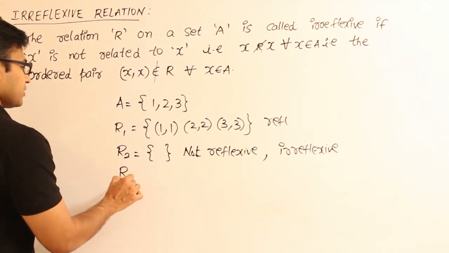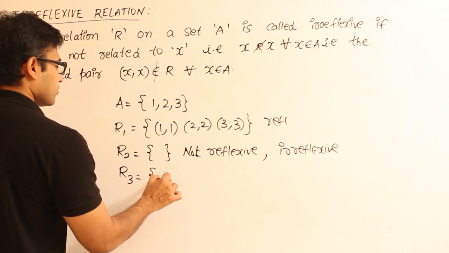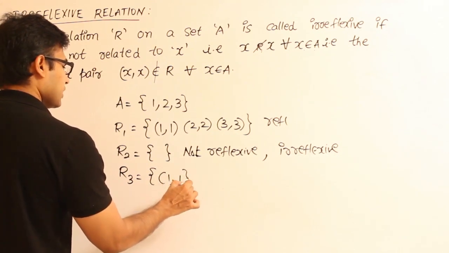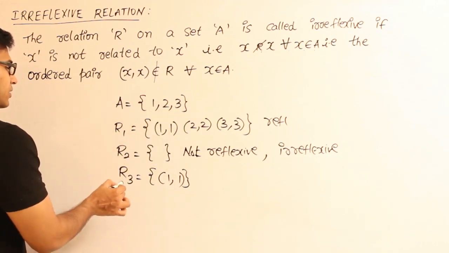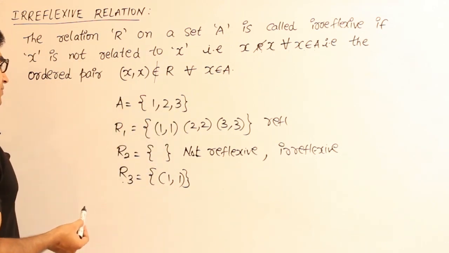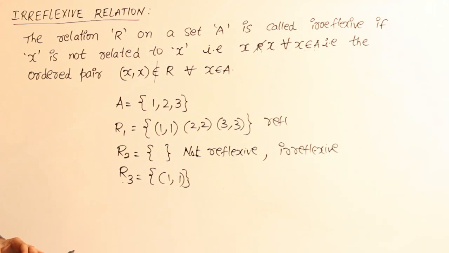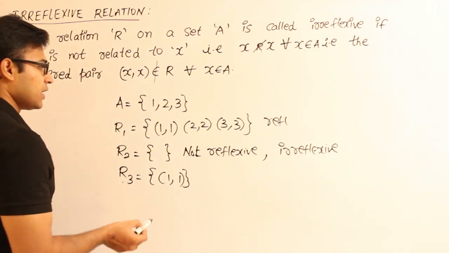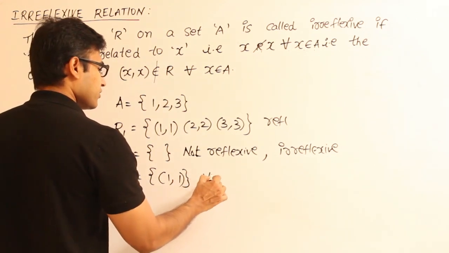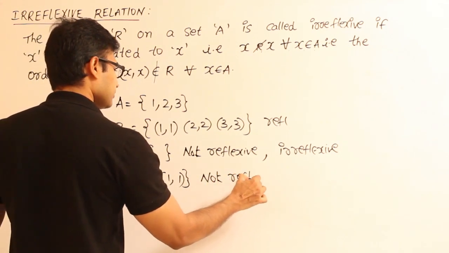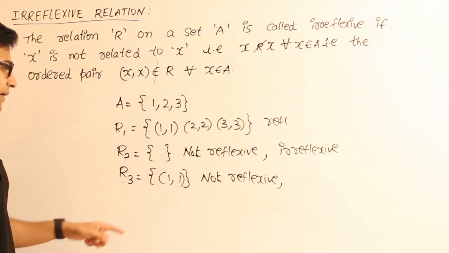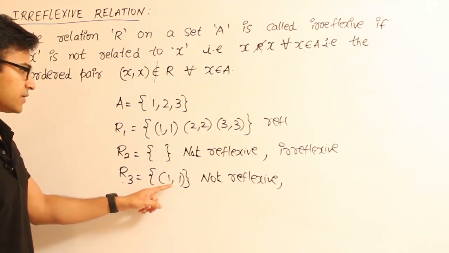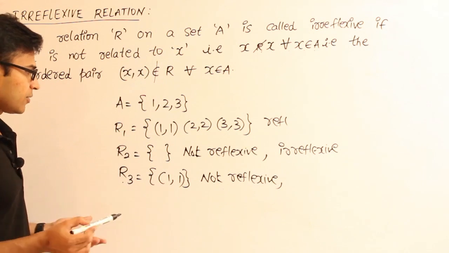Now let us say R3 equals {(1,1)}, that's it. A equals {1, 2, 3} and R3 is a relation which is a subset of A cross A. What can you say about it? This is definitely not reflexive. Why? Because all the diagonal elements are not present. The diagonal elements are (1,1), (2,2), (3,3), and all of them are not present.